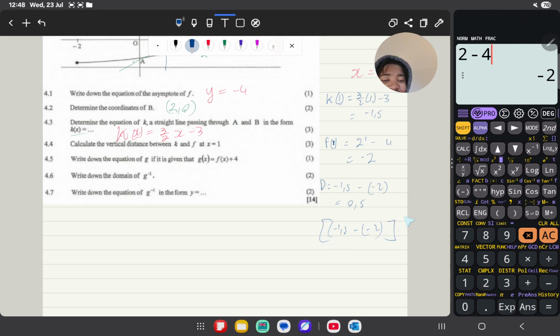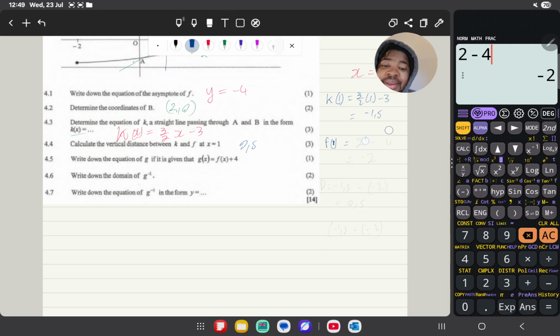And then this whole thing will be under a square root, and the square root and the power 2 are going to cancel each other, and you're exactly going to have what we have there. So yeah, the distance is 0.5.